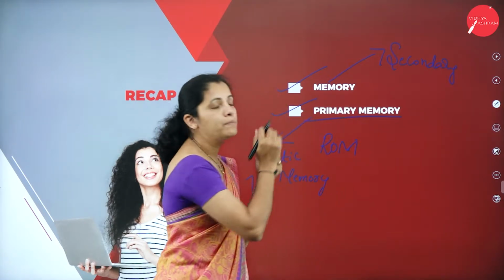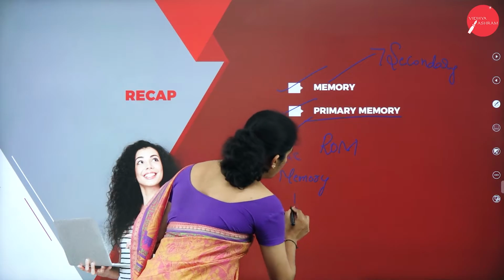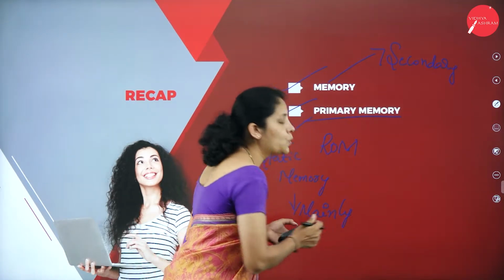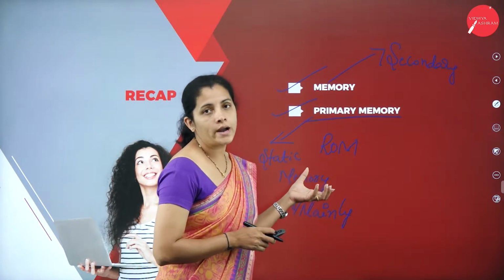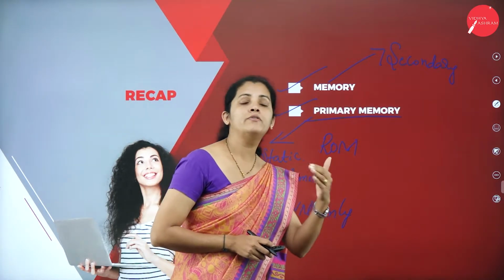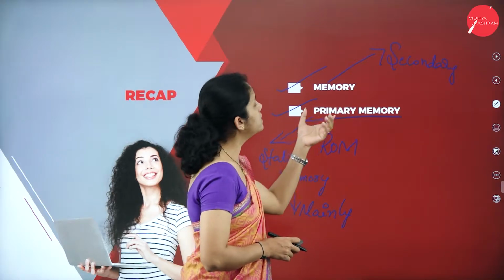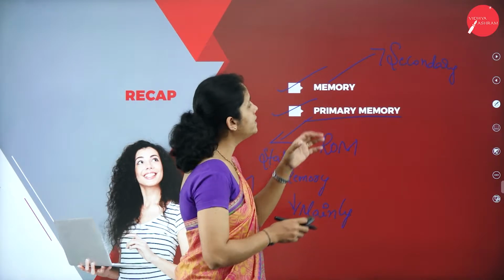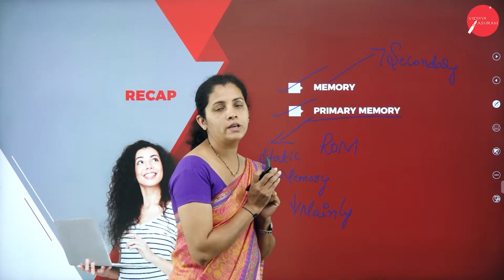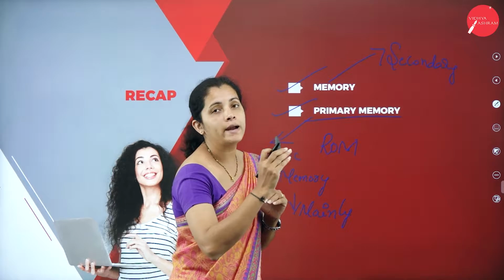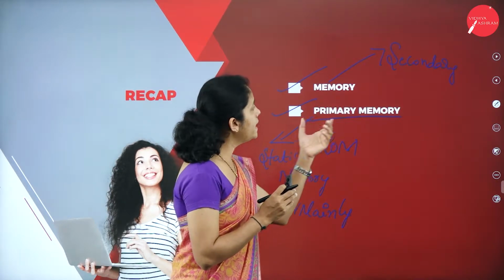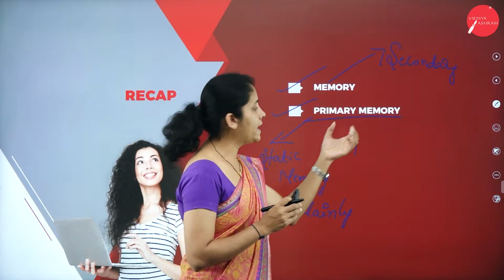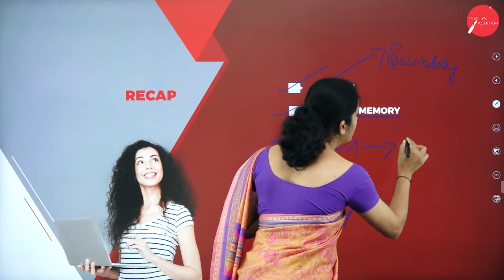Primary memory is also called main memory, and it is mainly used to store the data which is required by the CPU for further execution. Primary memory is faster memory, and the size of primary memory is small when compared to secondary memory. Then we had a discussion regarding types of primary memory, that is ROM and RAM.